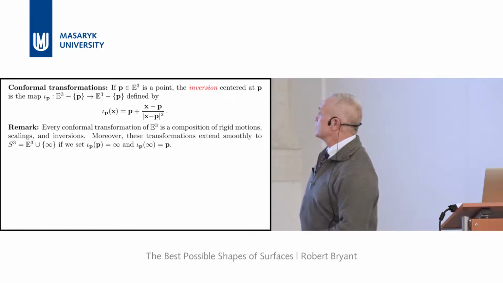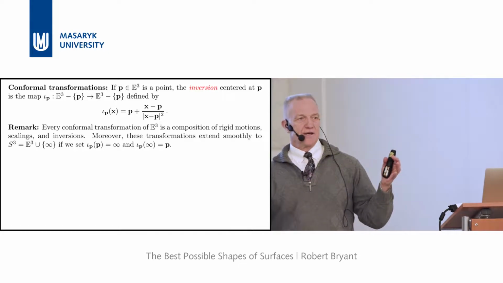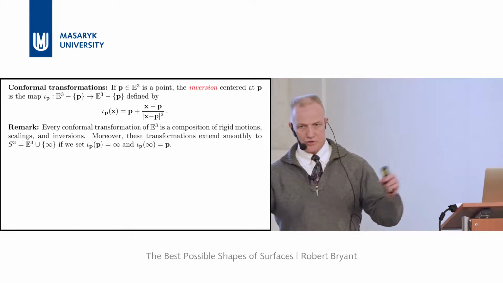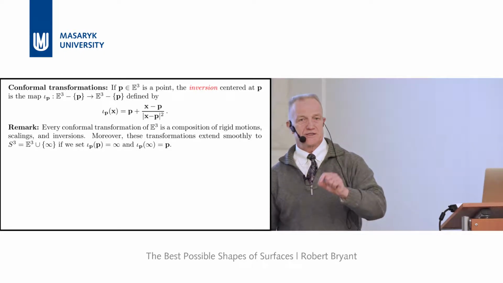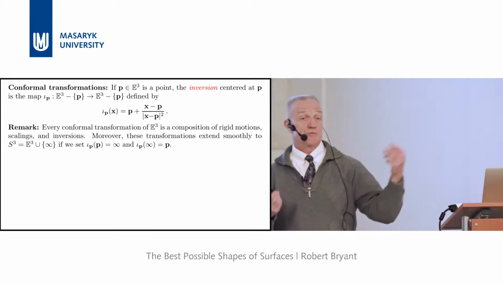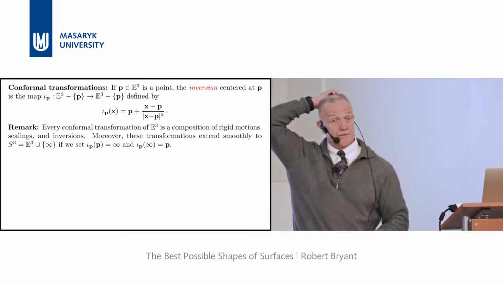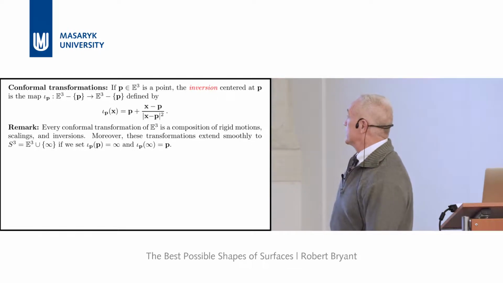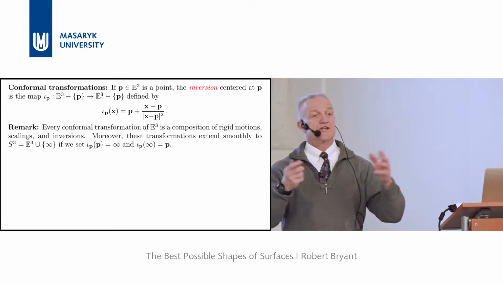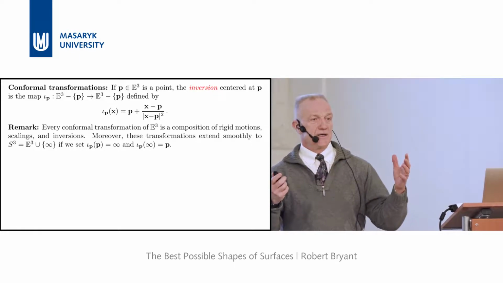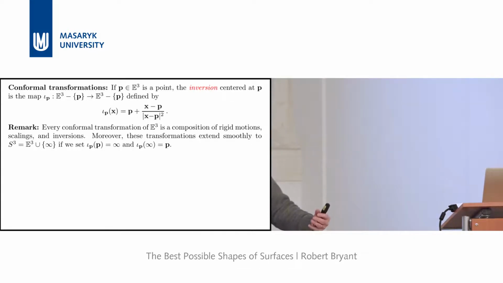And the set of all these transformations have the property that, just like those of you who've studied complex variables know, in one complex variable the linear fractional transformations are conformal. That is, they don't preserve lengths, but they preserve angles. Well, the same thing is true for inversions. They preserve angles, but not lengths. And it turns out that every transformation that preserves angles is a composition of translations, rotations, scaling, and inversions.